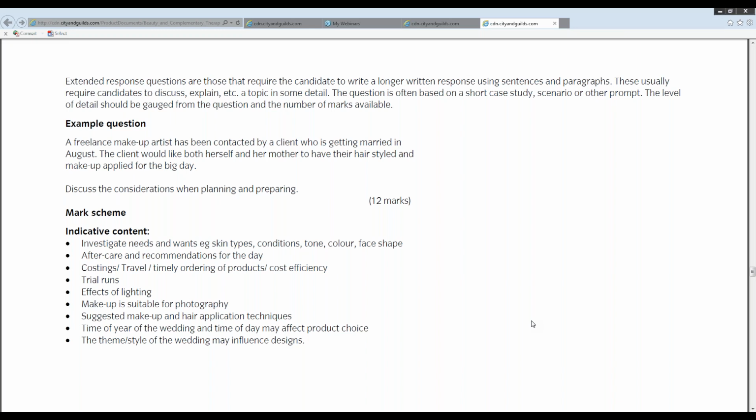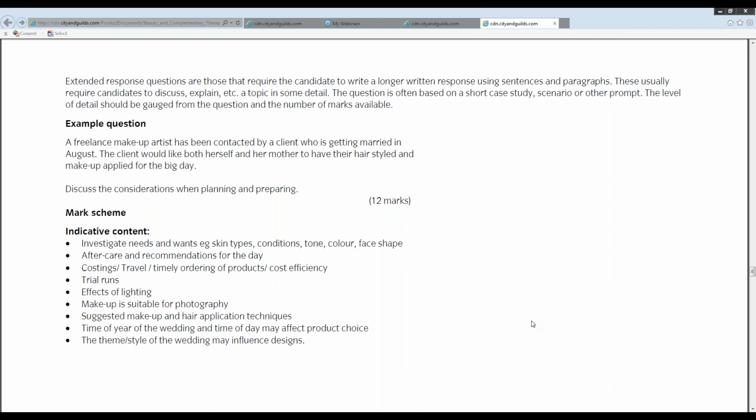So they need to write something around skin types and conditions. They need to write something around aftercare and recommendations for the day. They need to write something about costings, travel, timely ordering of products, cost efficiencies.